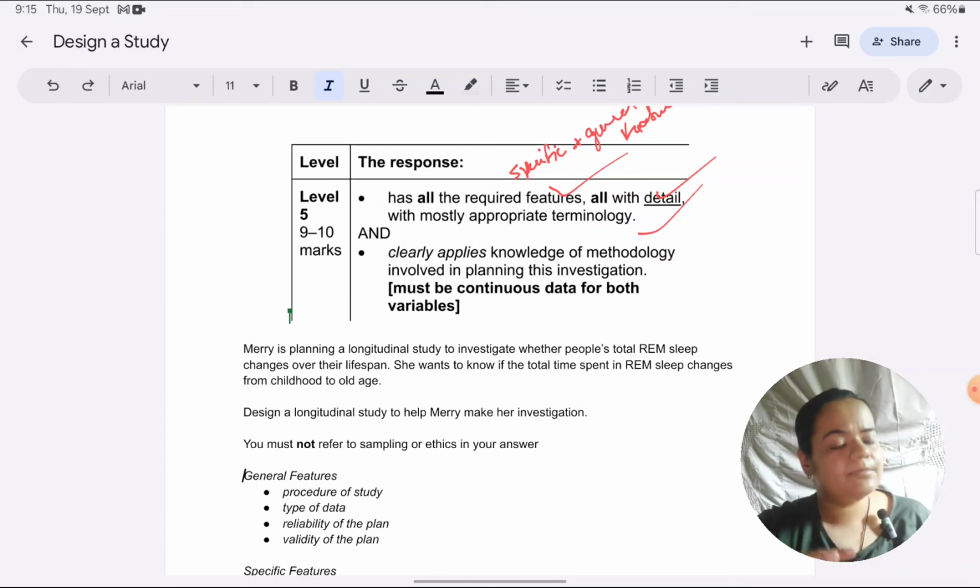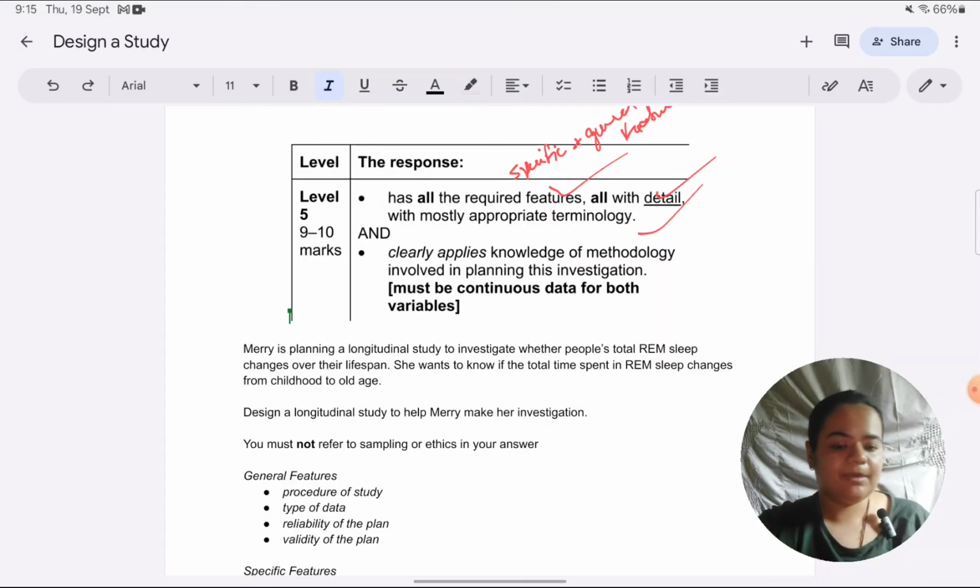That is appropriate terminology in the sense that I have not only made it specific, I have used terms which are found in the course studies or which are psychological in nature, rather than just saying she'll tell them not to drink, something vague. We have to use good terminology, psychological terms which we've learned in course studies and which show sophistication in the answer basically.